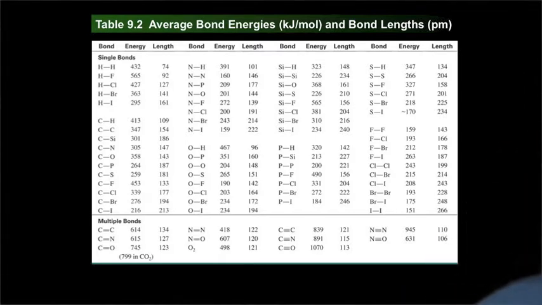We're at 134 picometers. If we go further over, to the carbon-carbon triple bond, now our bond energy is higher still. Increase the bond order, increase the energy. Here it's 839, but as the bond order increases, the length decreases. With the triple bond, it's 121 picometers.